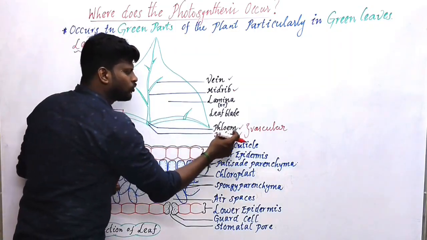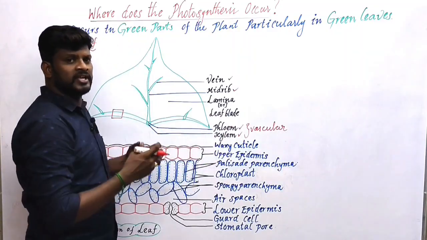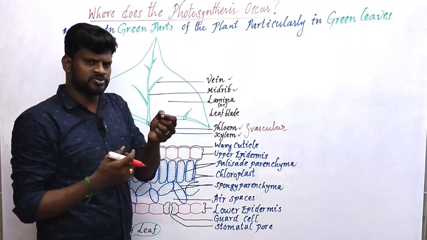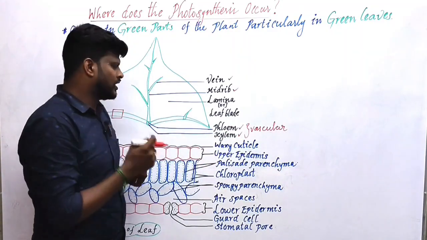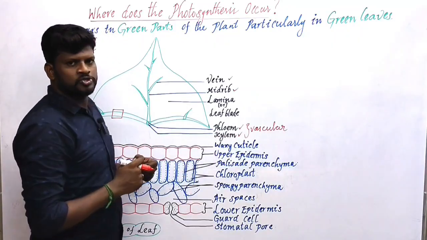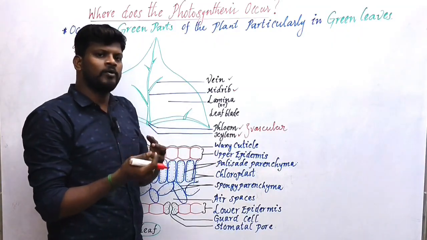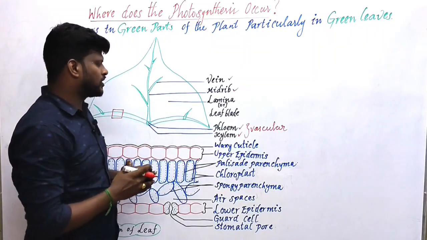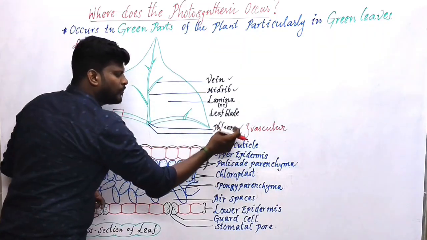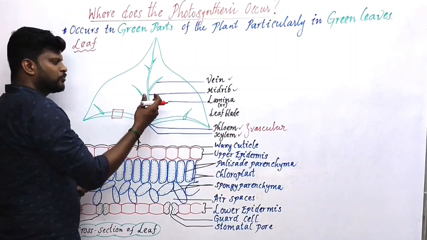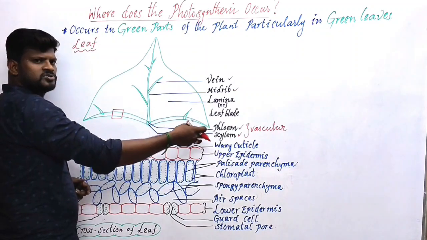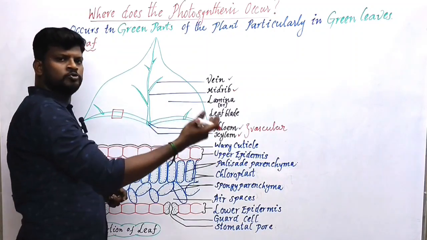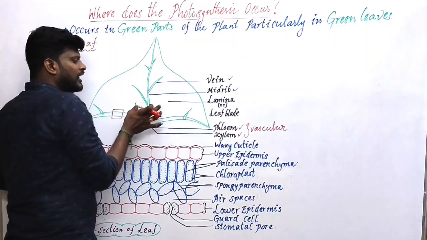Particularly, phloem transports the products of photosynthesis, which we call food. And xylem transports the water along with dissolved minerals from the roots to all other parts of the plant. So the xylem and phloem transport the essential substances such as food, water, nutrients or minerals to the leaf.